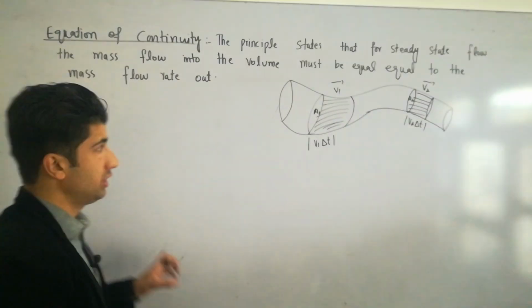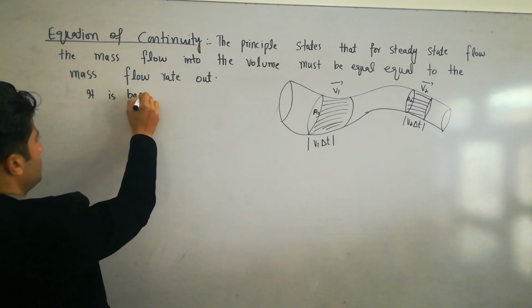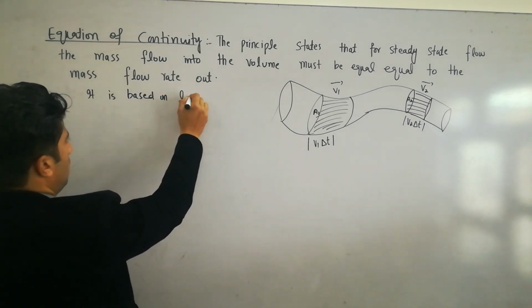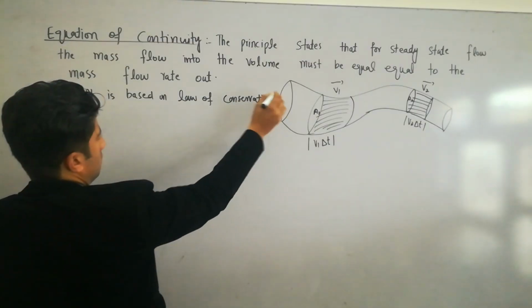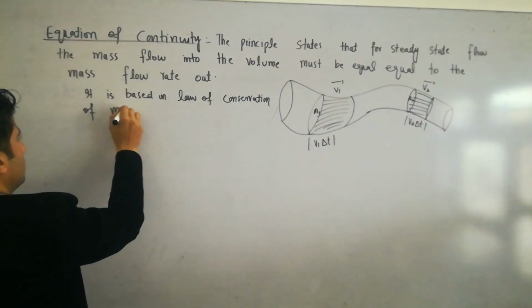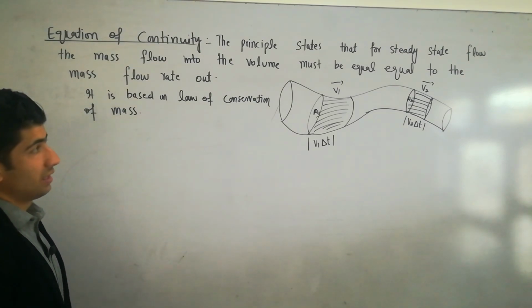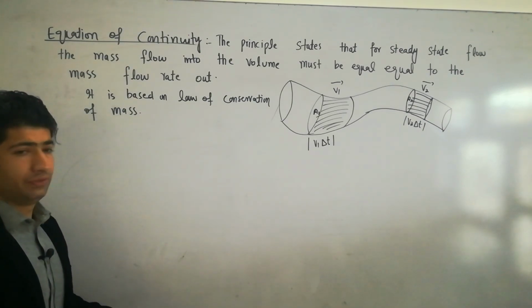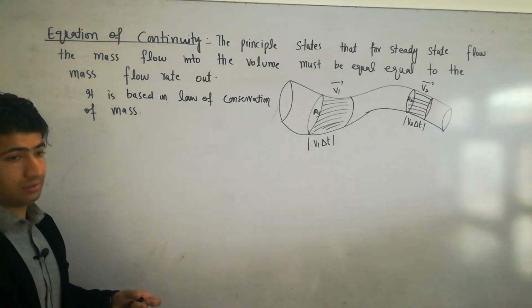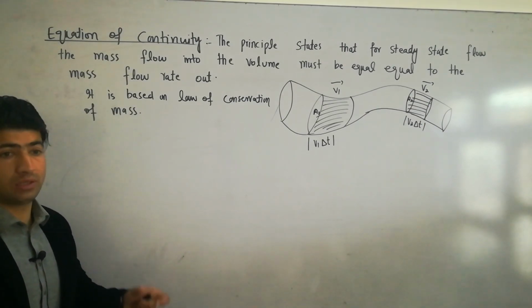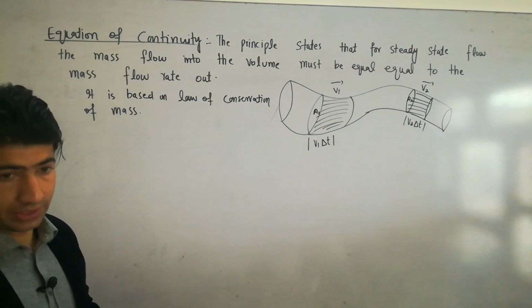Basically, the equation of continuity is based on the law of conservation of mass. It means that the equation of continuity is a mathematical expression that defines the conservation of mass in fluid dynamics.